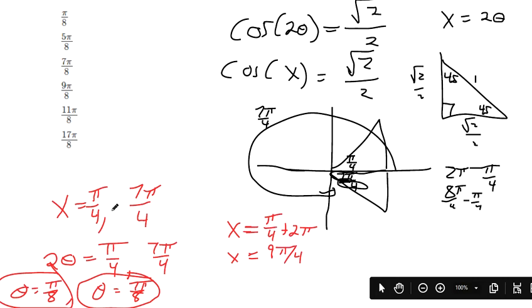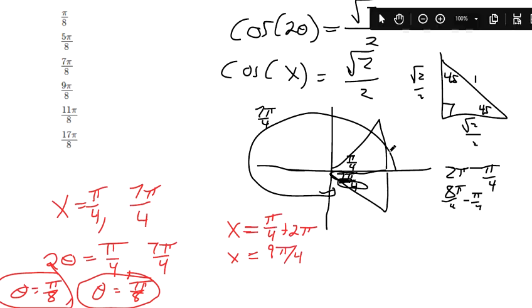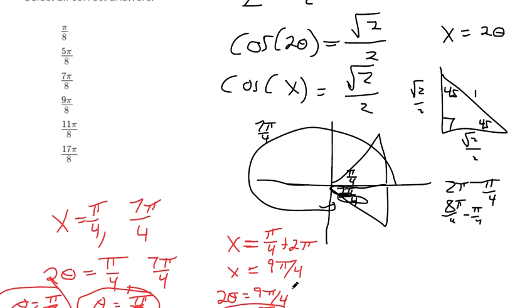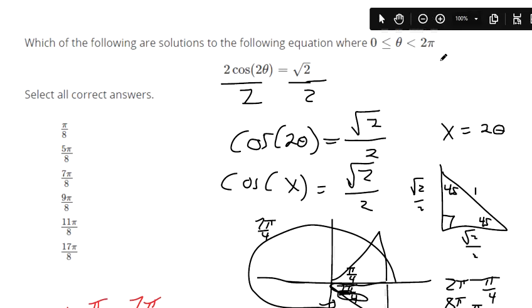That's still the same angle as pi over 4, it still has the same terminal side, but maybe now if we plug 2 theta back in for x, we'll get a new solution that's within our interval. X can also equal 9 pi over 4, and if you plug 2 theta back in and solve, you get theta is 9 pi over 8.